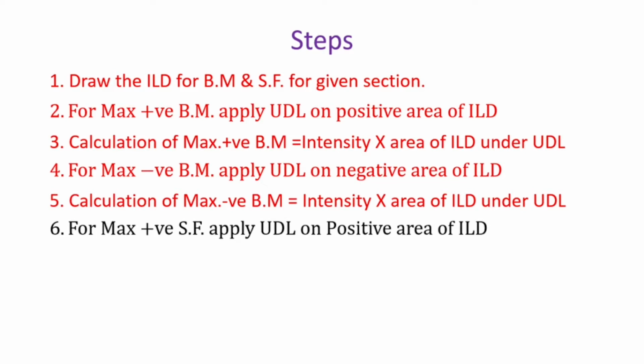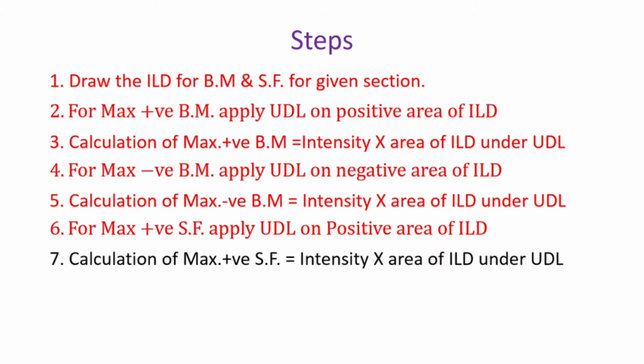The maximum negative bend moment is equal to intensity into area of ILD under the UDL. Then the next step is the calculation of maximum positive shear force. For that, apply the UDL on the positive area of the ILD. The maximum positive shear force is equal to intensity into the area of ILD under the UDL.